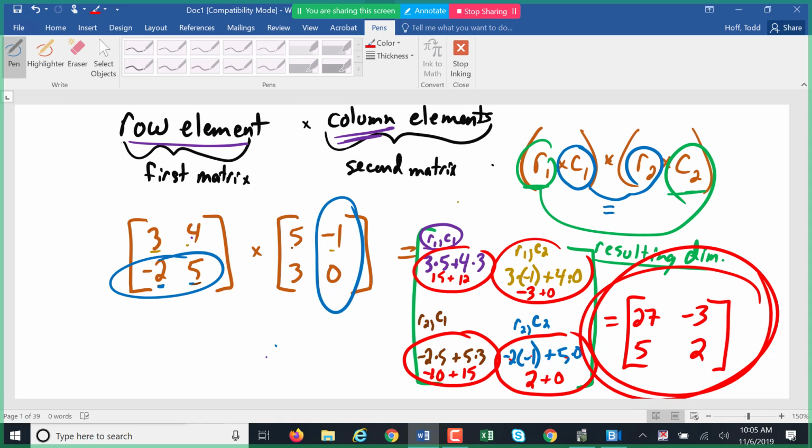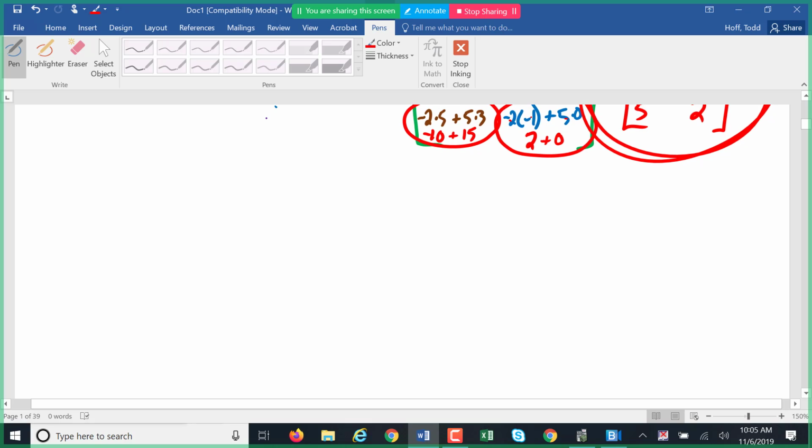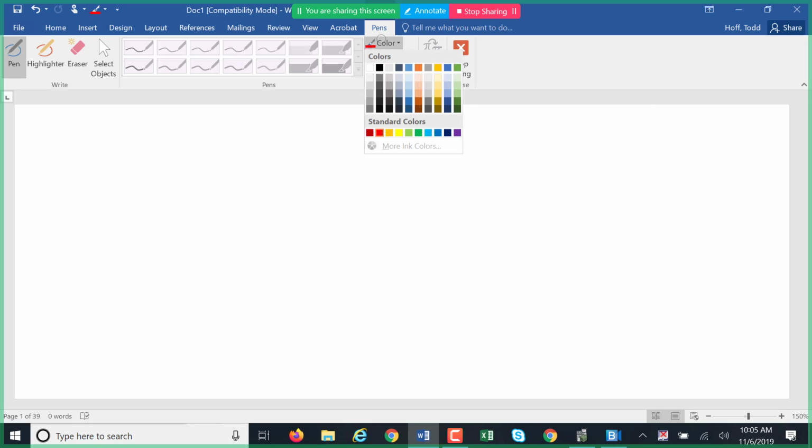Now again, that one was the same size as the original matrices, because they were square matrices. If they're not square, it could turn out to be slightly different. Let me show you what I mean.